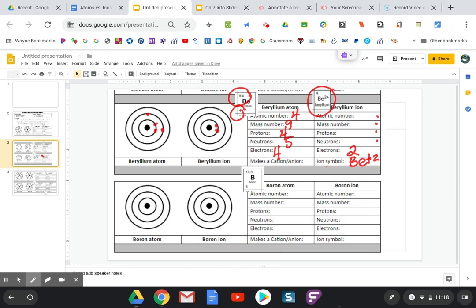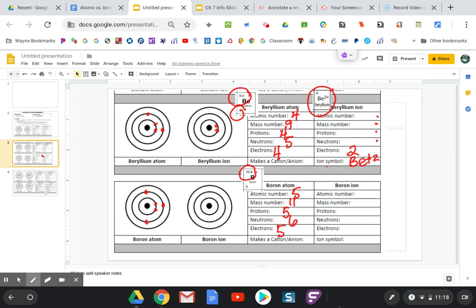All right, with boron, we have atomic number of 5. 10.8 rounds to 11. So we have 5 protons, 11 minus 5, 6 neutrons, and 5 electrons.